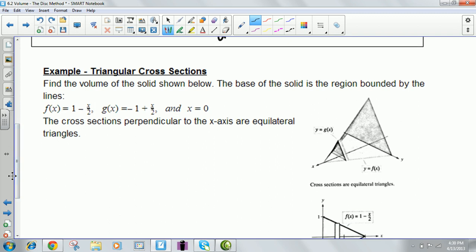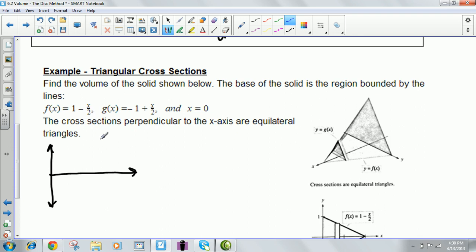Alright, so we have the volume of the solid. If you look at the right, I put that on there so you can see what the solid would look like. It's basically like a pyramid, but with one side it gets lower and lower until it comes to a point. The base of the solid region is going to be bounded by those lines. So if I sketch these lines really quickly, here's our graph. That's my y-axis. Here's my x-axis.